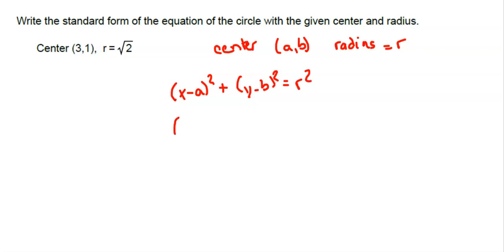We know that the center of this circle has an x-coordinate of 3 and a y-coordinate of 1 and a radius of the square root of 2. The square root of 2 squared is 2, so that gives us the equation of our circle. x minus 3 quantity squared plus y minus 1 quantity squared equals 2.